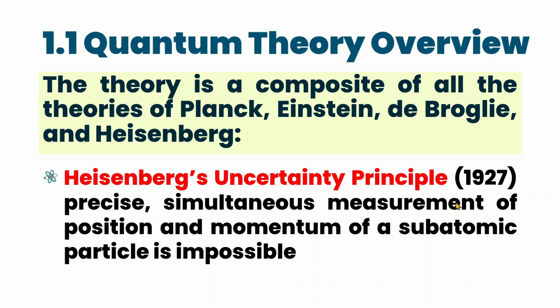He showed that it is impossible to precisely measure both the position and momentum of a subatomic particle at the same time. The more accurately you know one, the less you can know the other. So all these ideas together form the foundation of quantum theory as we know it today.